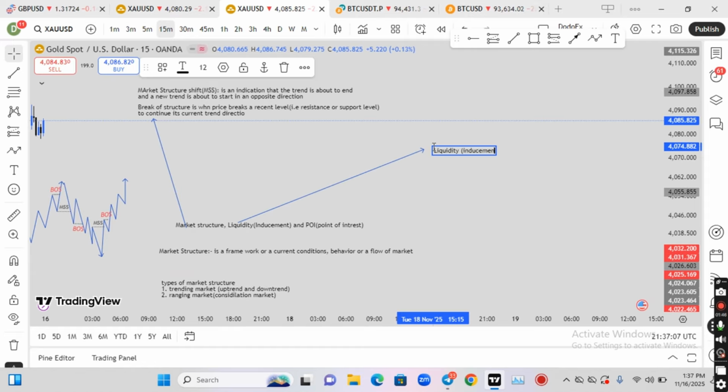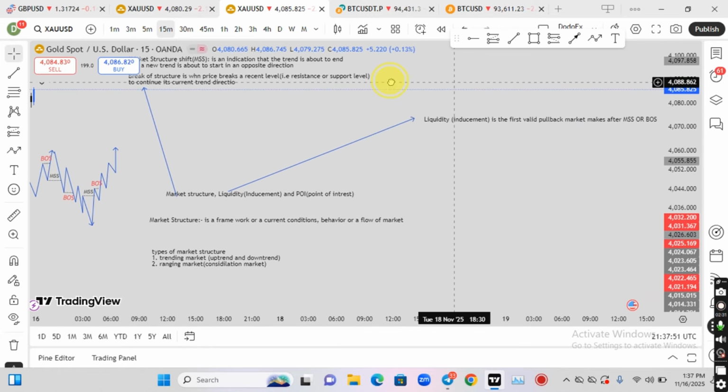inducement is the first valid pullback the market makes after an MSS, market structure shift, or BOS, which is the break of structure, right?